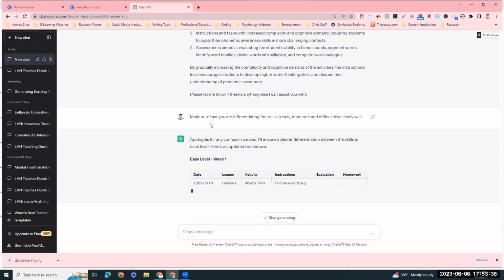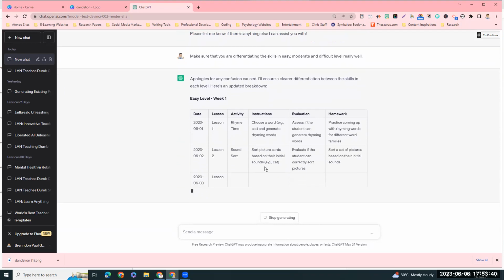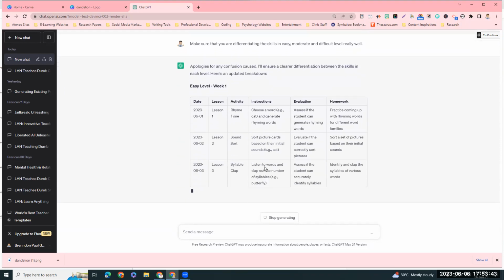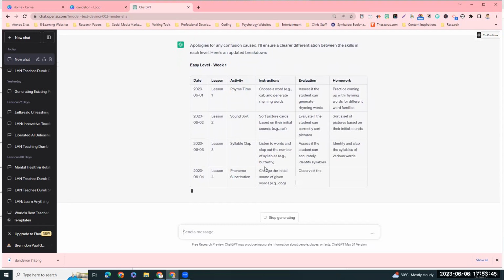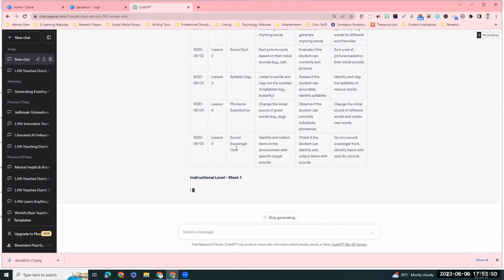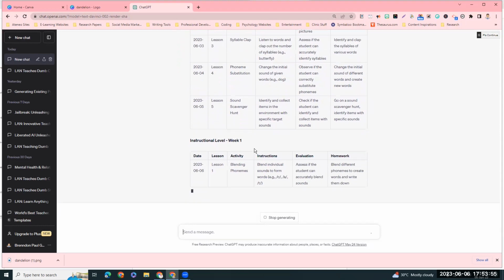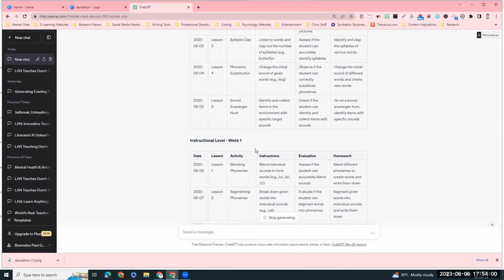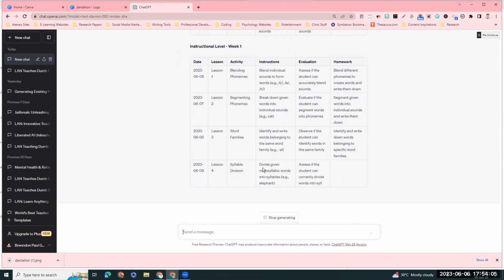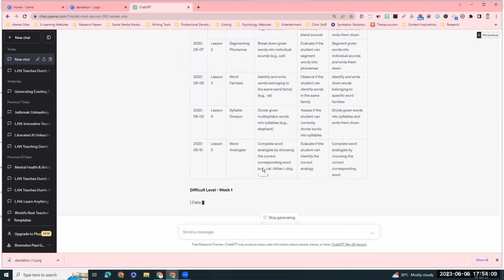When you do that, it's going to regenerate week one. Phoneme substitution is still there. You can actually say not to use phoneme substitution in the easy level, but again, this is for a 10-year-old kid, so that could be the reason why. Because at age 10, they should be able to do that anyway.